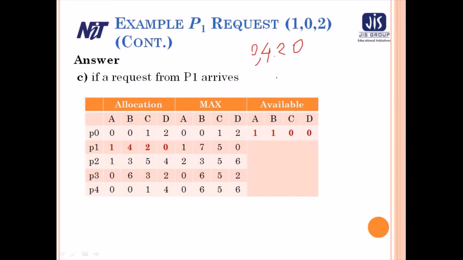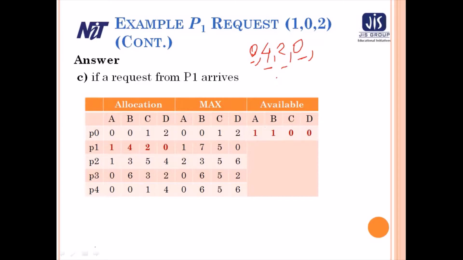Okay, 0 4 2 0. It needs no A type resource and no D type resource; it only requests B and C type resources.